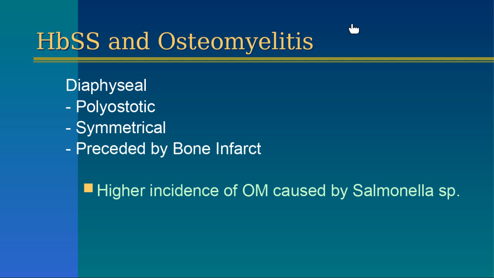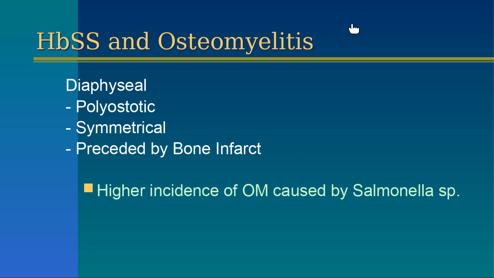So with the sickler, the infection may actually be preceded by bony infarct, which sets up a nidus for infection. When you have an infarcted bone, dead bone, this is where the bacteria seeds to, because there's no blood supply.